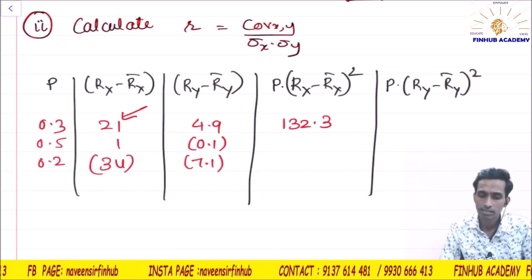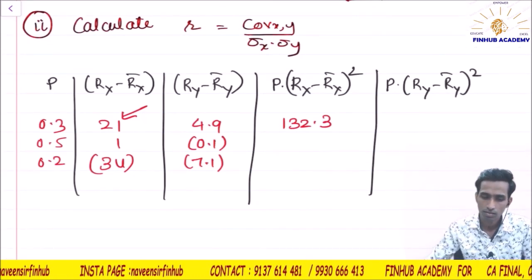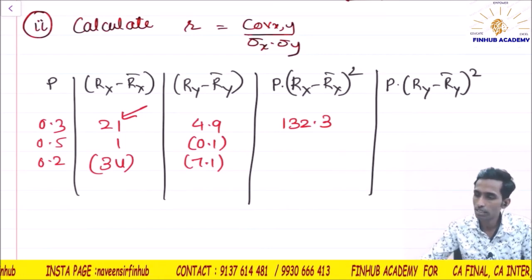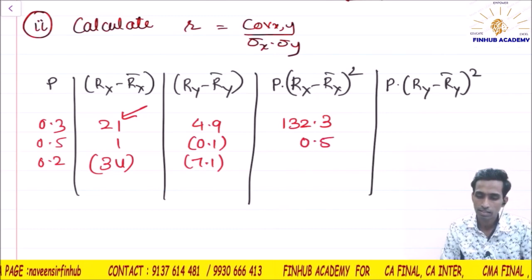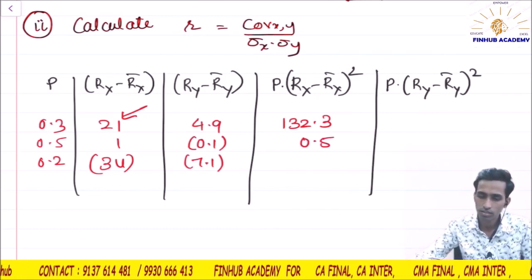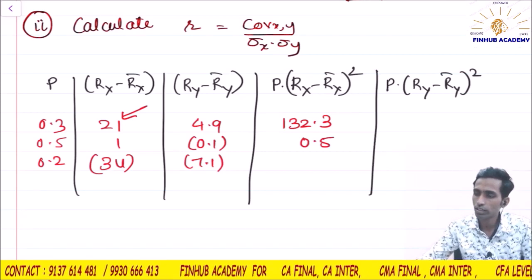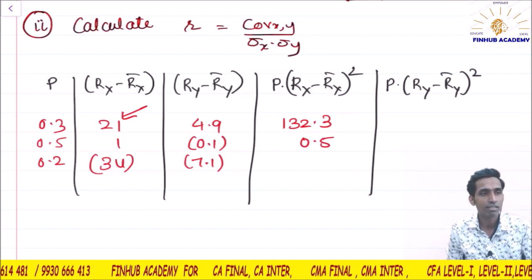Okay. 1 squared multiplied by 0.5. It's 0.5. Then minus 34 squared multiplied by 0.2. 34 is negative.